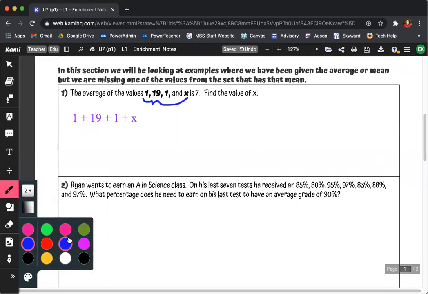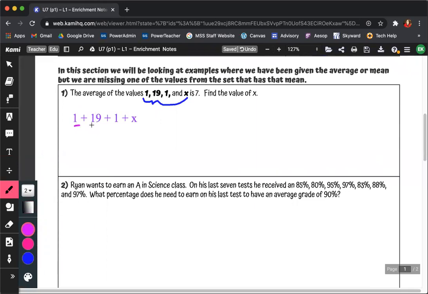That divided by the number of values, which is 4, should give me my mean, which we said is 7. So I'm going to work backwards. First thing I'm going to do, this side is being divided by 4, so I'm going to multiply both sides by 4.